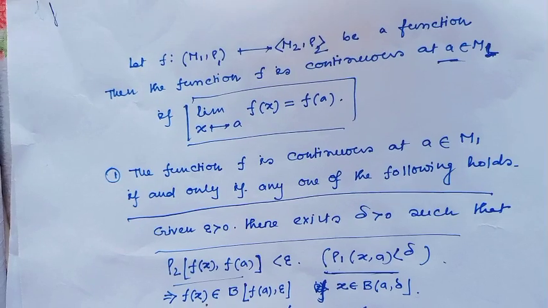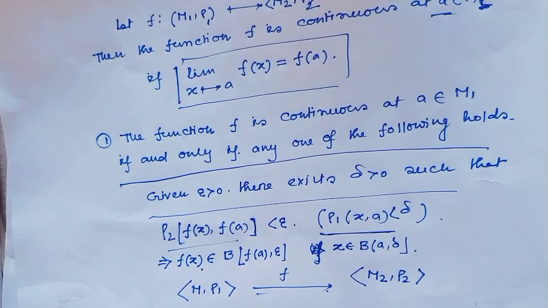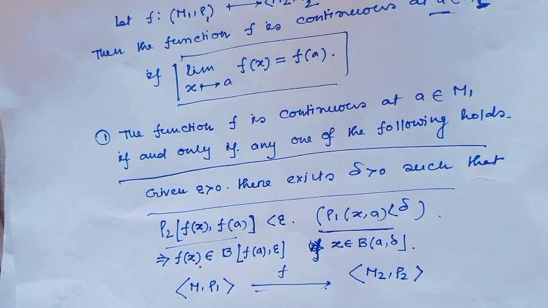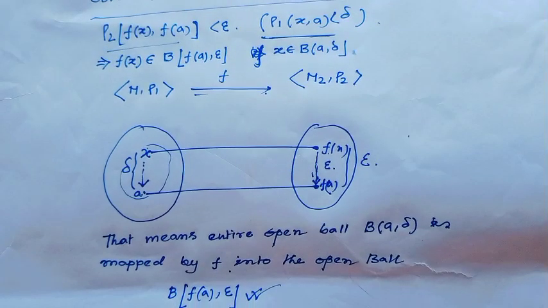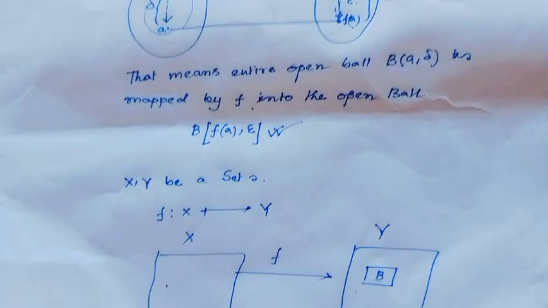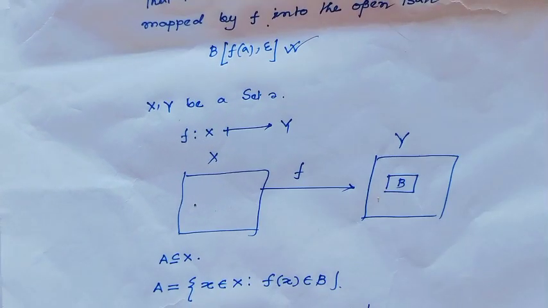What is continuity in a metric space? A similar, equivalent definition of continuity in a metric space: now I will say it.